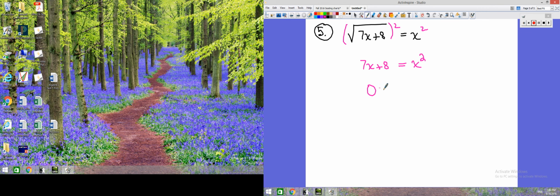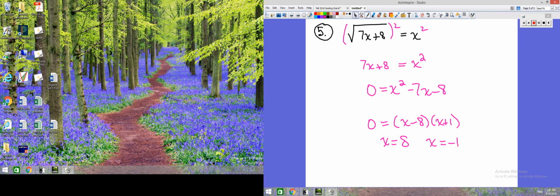So if I move these two terms to the other side, now if I attempt to factor this trinomial, I get x minus 8 and x plus 1. That looks good. Possible solutions of 8 and of negative 1.